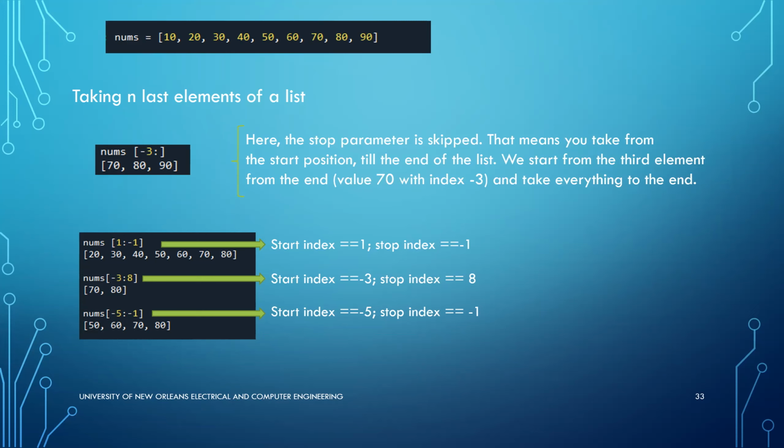A couple of examples. If we look at this one here, nums[1:-1], it says that the start index is 1 and the stop index is -1. And again, we're incrementing one element at a time because it's not specified. As you can see here, we started at index 1, which is this one.